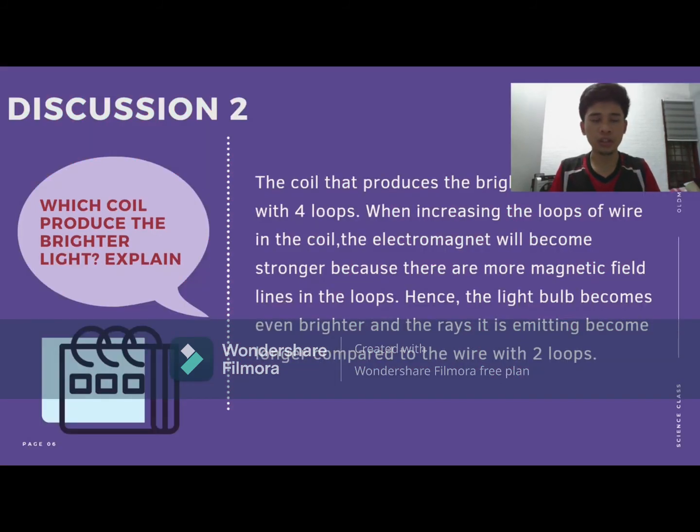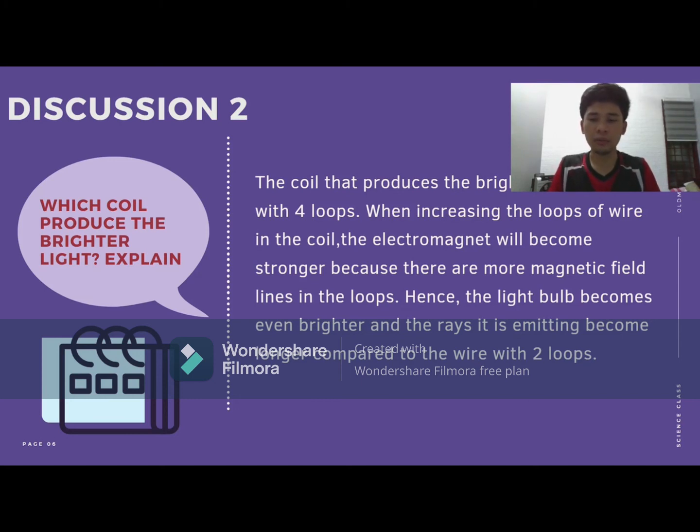For discussion 2, the question is which coil produces the brighter light? Explain. The answer is the coil with 4 loops, as I explained in the result. More loops bring brighter light, because when increasing the loops of wire in the coil, the electromagnet becomes stronger, since there are more magnetic field lines in the loops.